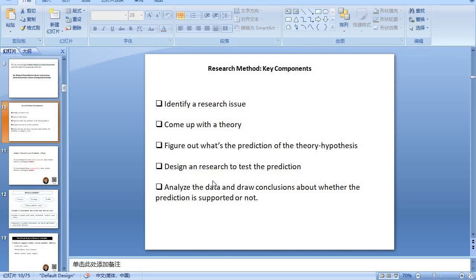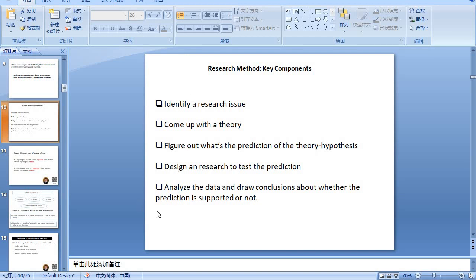You come up with a research design to guide you to gather information, collect data, to test your prediction, which is your hypothesis. And then you analyze the data and draw conclusions. You conclude whether your hypothesis is supported or not. These are the key components of research.